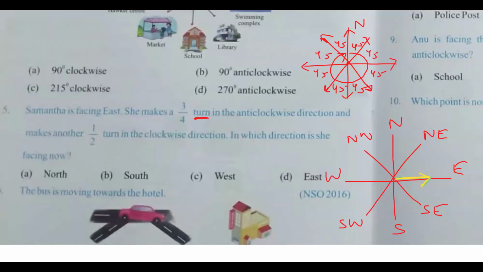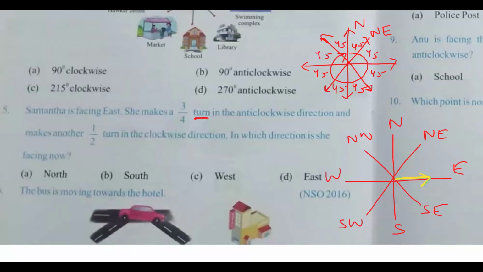So let me also tell you, the one turn we are considering to be the measurement, or we can say the angle between two ordinal directions, between north and northeast.